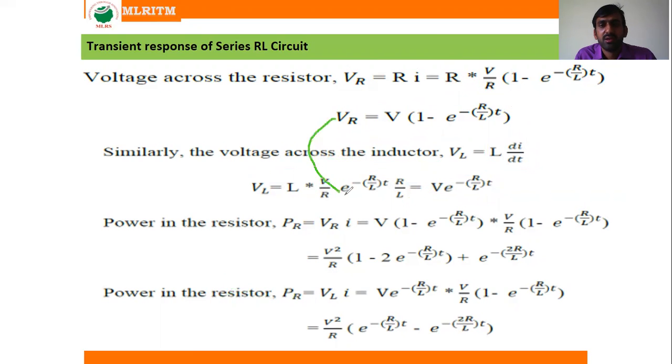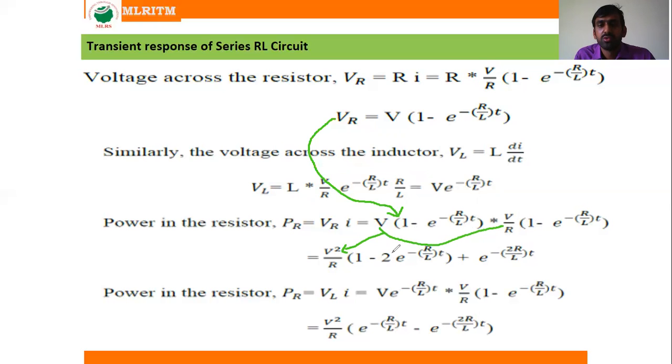VR is V into 1 minus e power minus R by L into T, into I, which is V by R into 1 minus e power minus R by L into T. Multiplying, V into V by R gives V square by R, into 1 into 1 which is 1, and 1 into e power minus R by L into T, and e power minus R by L into T into 1.